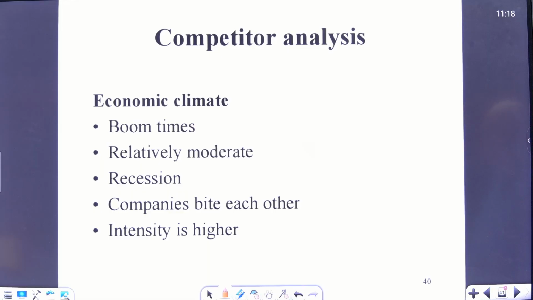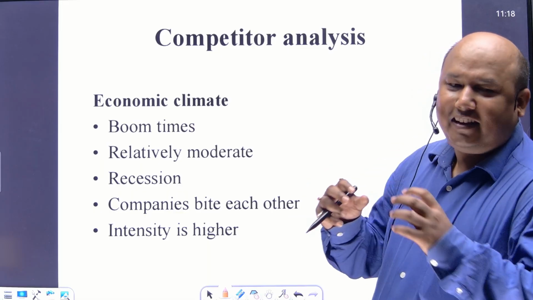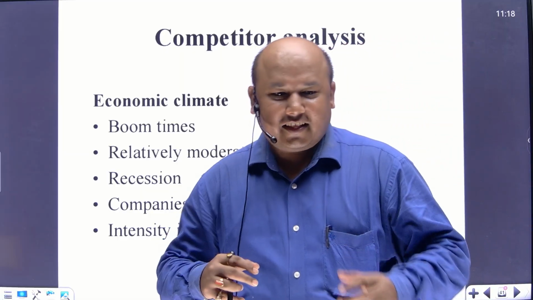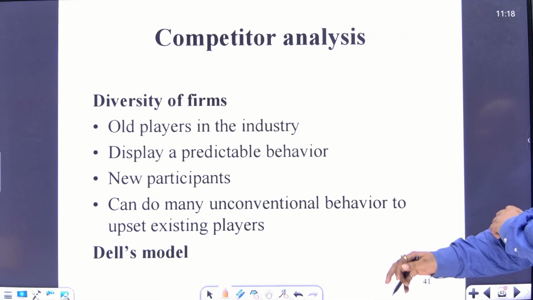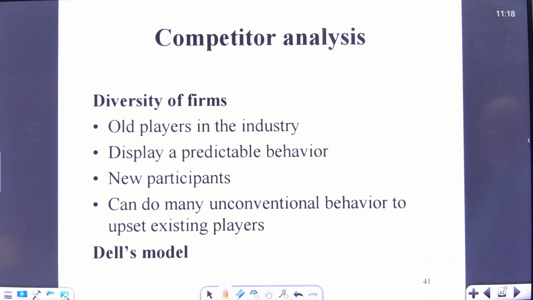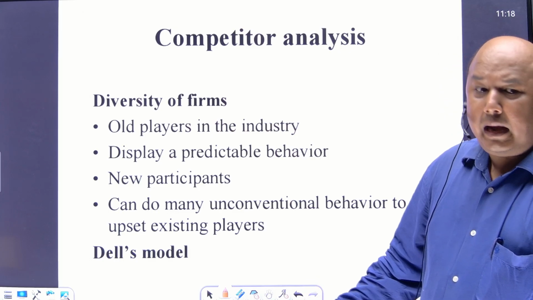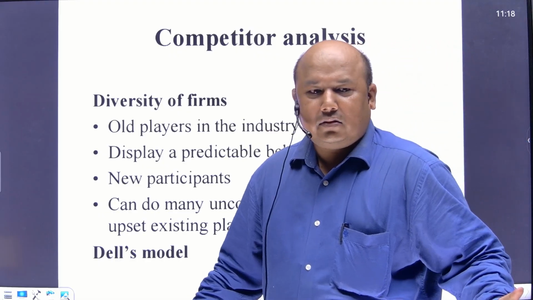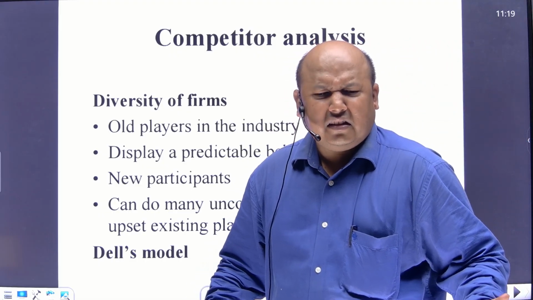Companies bite each other; they will start fighting, and intensity is high. Diversity of firms: old players in this industry display predictable behavior. New participants can display many unconventional behaviors to upset existing players. They will start doing things in unconventional ways. The branding, the promotions, the advertisements will be in a different manner.